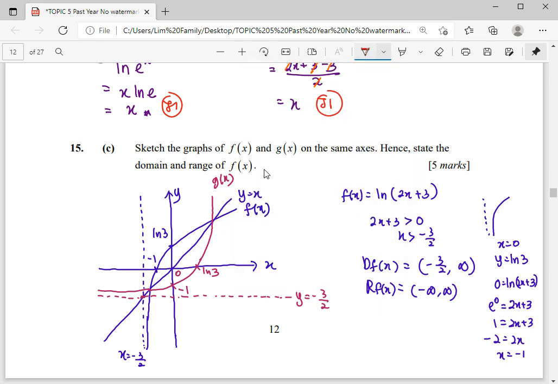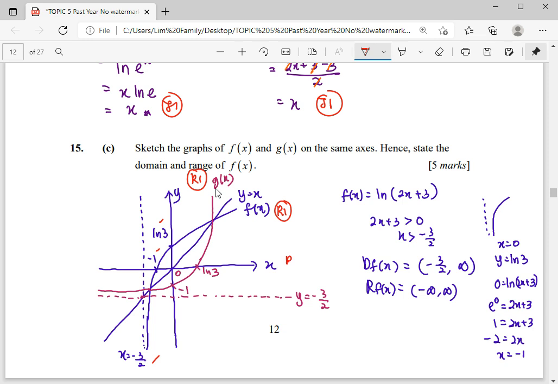So how do we get these 5 marks? The first one is how we see your f(x) diagram, whether you're doing your intercept correctly and asymptote correctly. Second mark, we're going to see your reflected g(x), whether you're doing it correctly with your asymptote and the place of intersection here correctly.